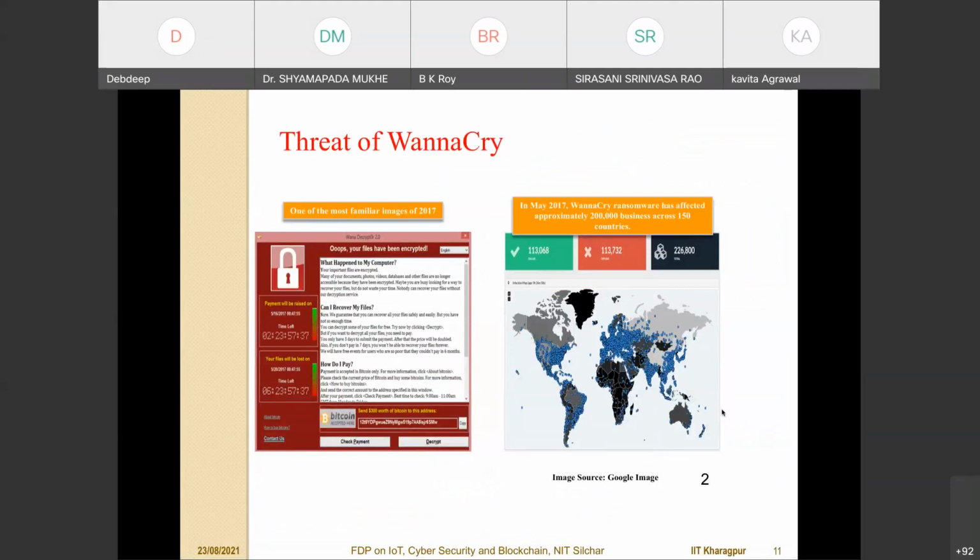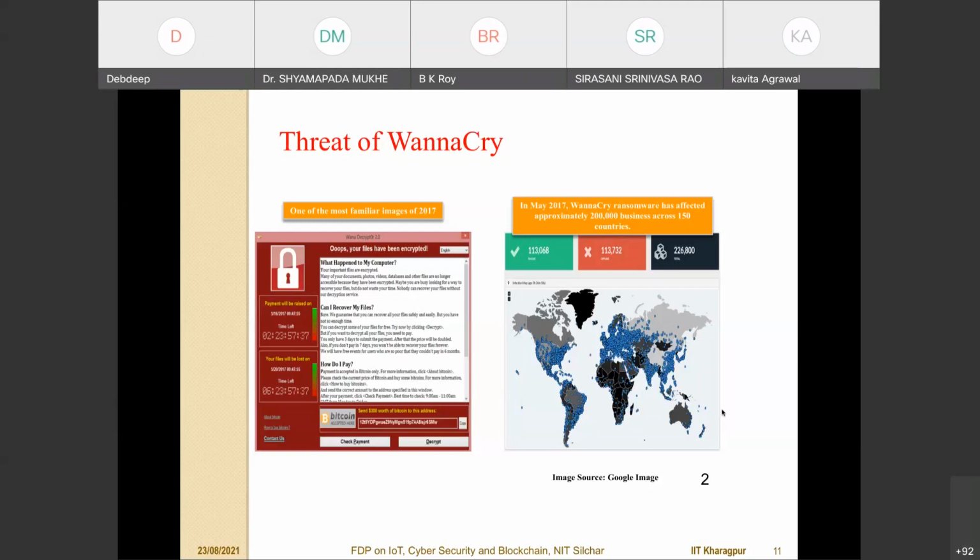This is a snapshot from one of the very lethal ransomwares that hit in 2017, which is called WannaCry. I hope that none of you have seen this on your computer screens, which basically tells you that your files have been encrypted. And in order to recover your files, it asks for money to be paid.